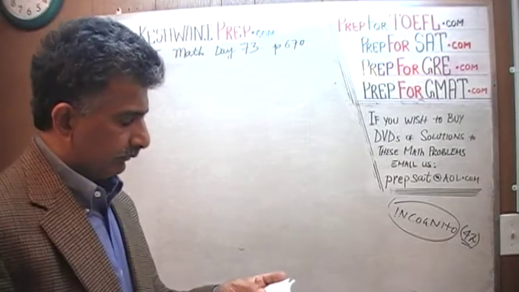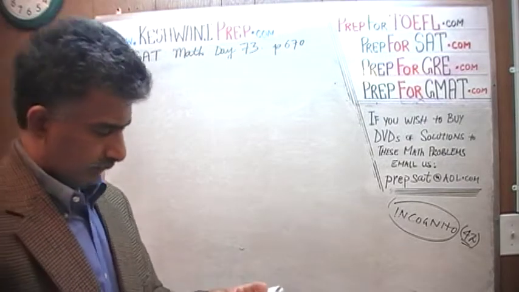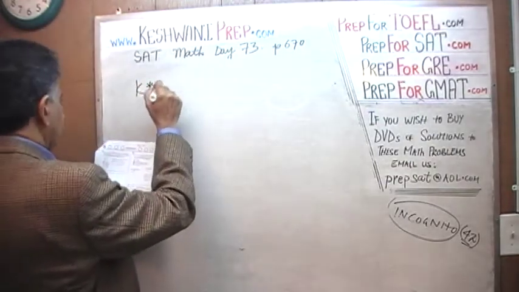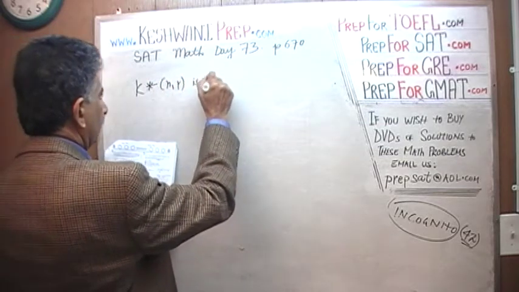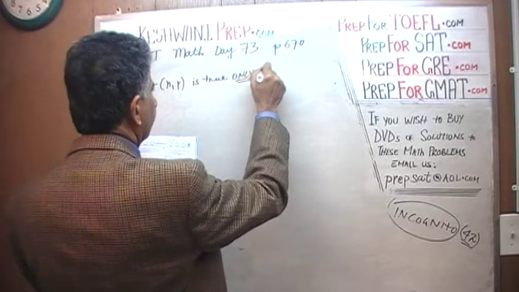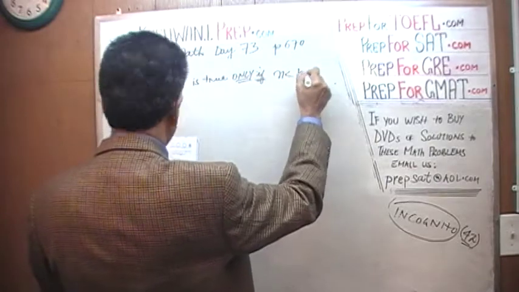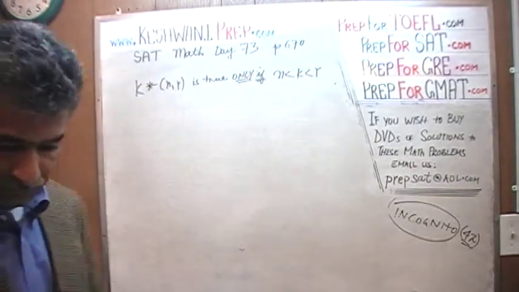It says, if k, n and r are integers, let this relationship that they're showing here, k star and r, is true, we are told, only if n is less than k and k is less than r. Now, don't try to make any sense out of that thing; look at this as one black box.